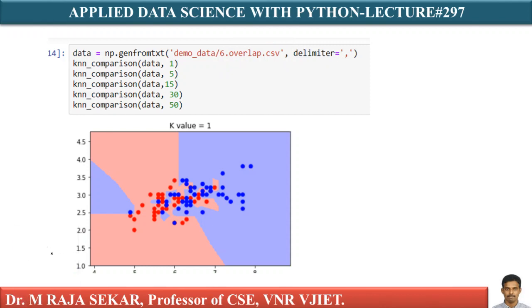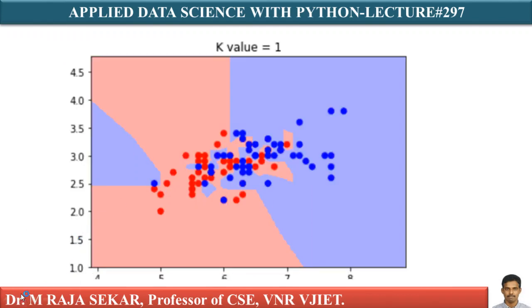Let me show this output in a separate slide. This is the output. If you observe carefully, in this overlap.csv file, we have 50 points of each class: 50 points of the red class and 50 points of the blue class.